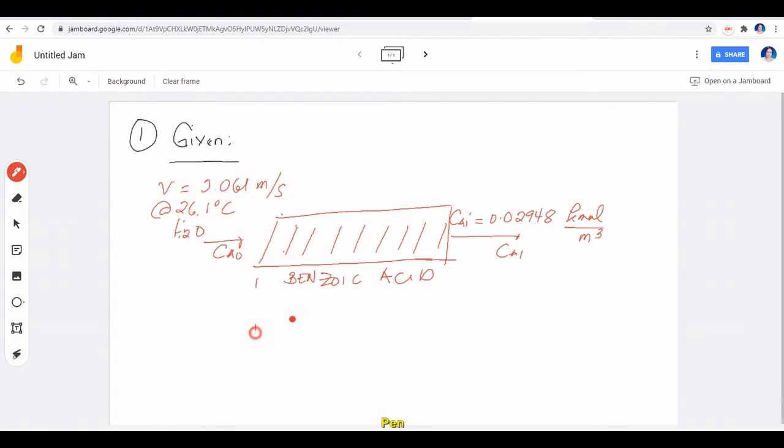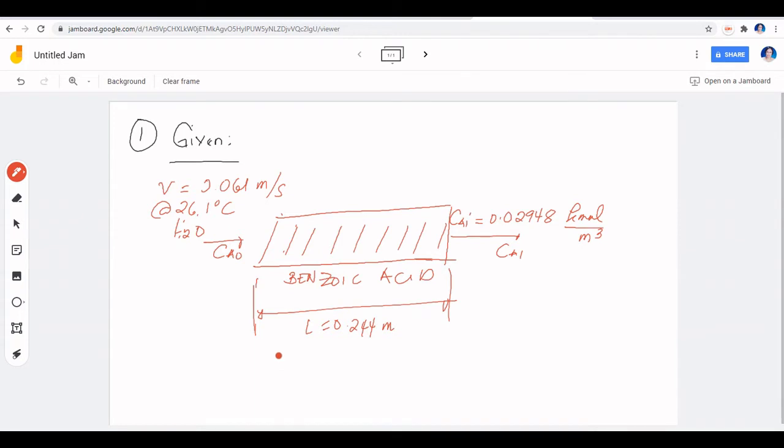So take note, this C sub I is on the interface, okay, for the concentration of benzoic acid. The flat plate of benzoic acid is of length, or rather it's only 0.244. So this is 0.244 meters.